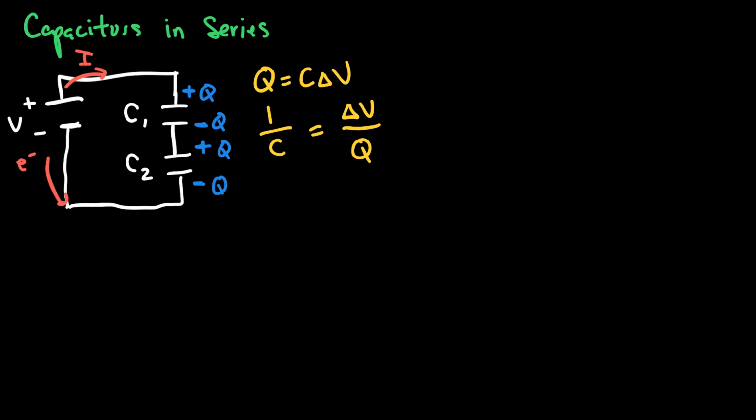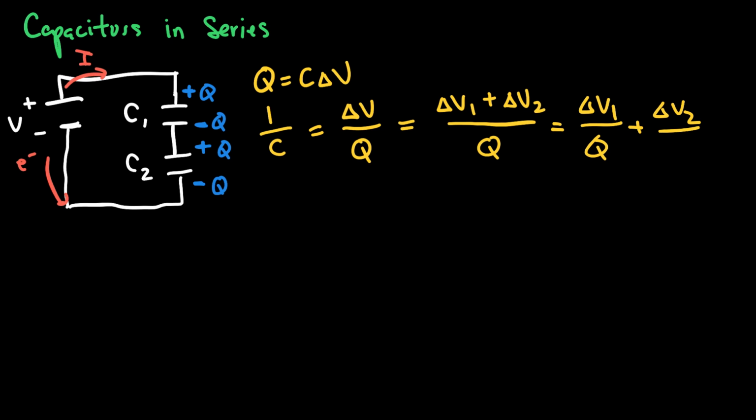So I could write this as 1 over the capacitance is equal to delta V1 plus delta V2, the sum of the voltage drops across the two capacitors, which needs to equal the terminal voltage, V, divided by the total charge, Q. From here I could write this as delta V1 divided by Q plus delta V2 divided by Q, because they have a common denominator.